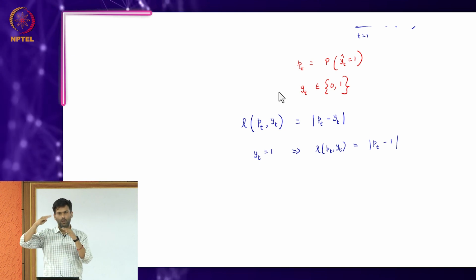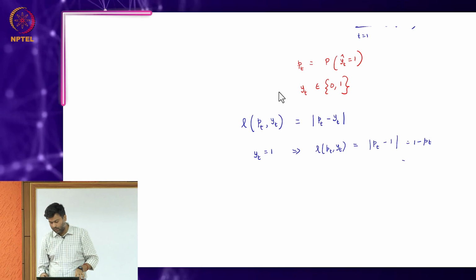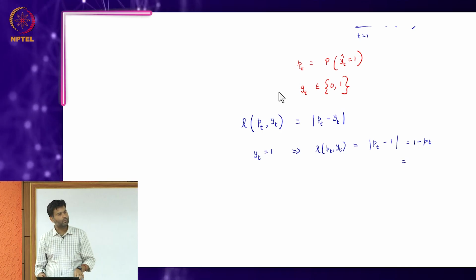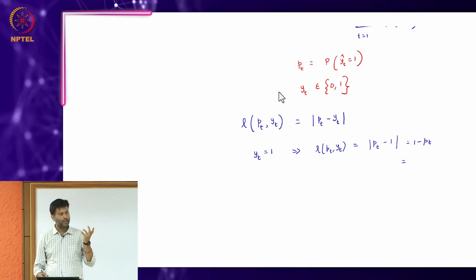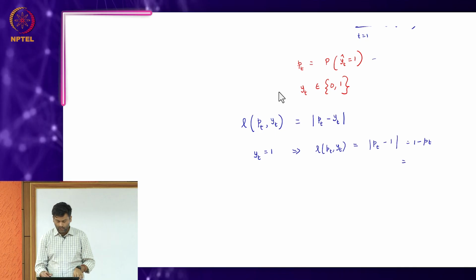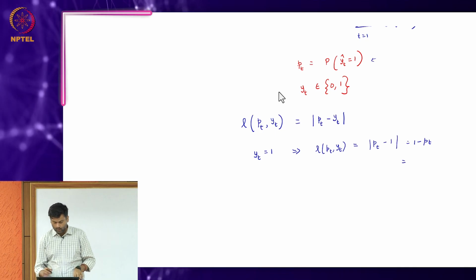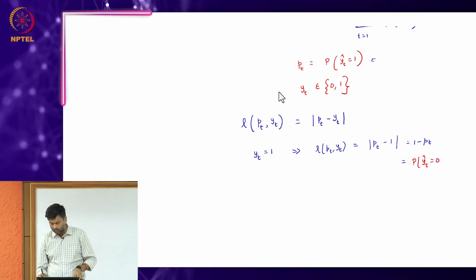So this value is 1 minus pt, which is the probability of what? Yt hat is 0, right? Because pt is the probability that y hat t is 1, so this is just the probability that y hat t is 0.